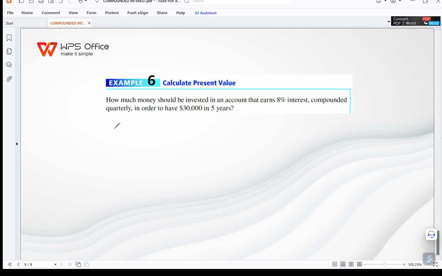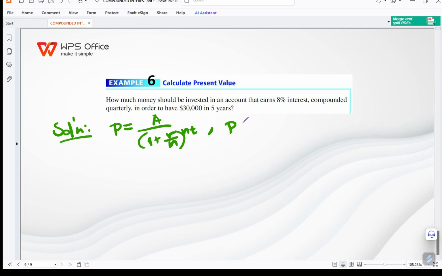So again, our formula for P is A divided by 1 plus R divided by N, raised to N times T. So that is our solution. Our P here is missing, but we want to get the compound amount, 30,000.